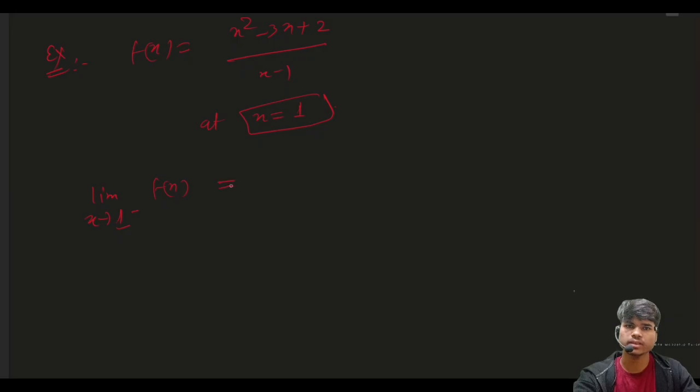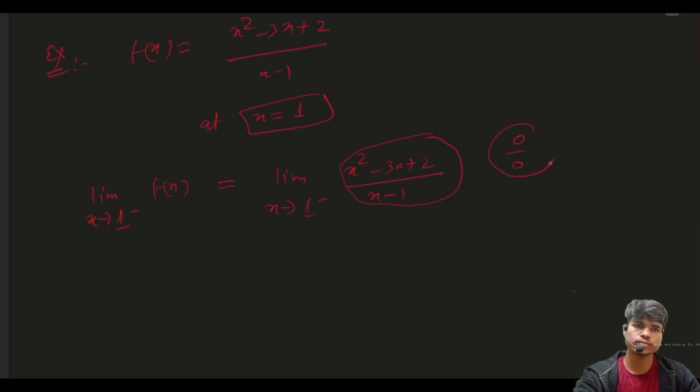We can write this like limit x tends to 1 negative x square minus 3x plus 2 divided by x minus 1. If we put here x equals to 1, we will get 0 by 0 form.